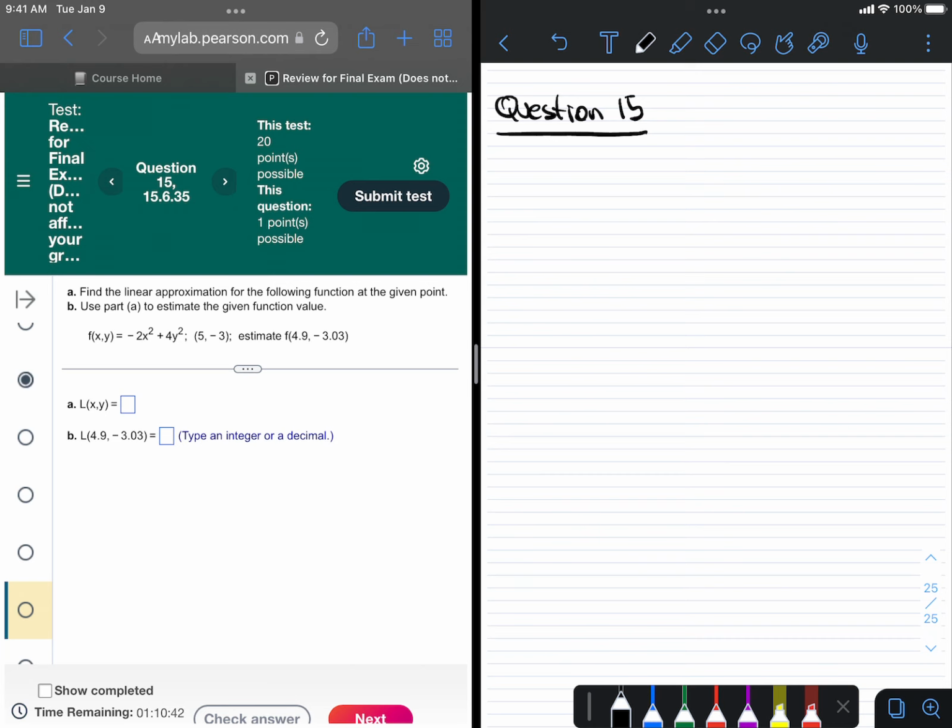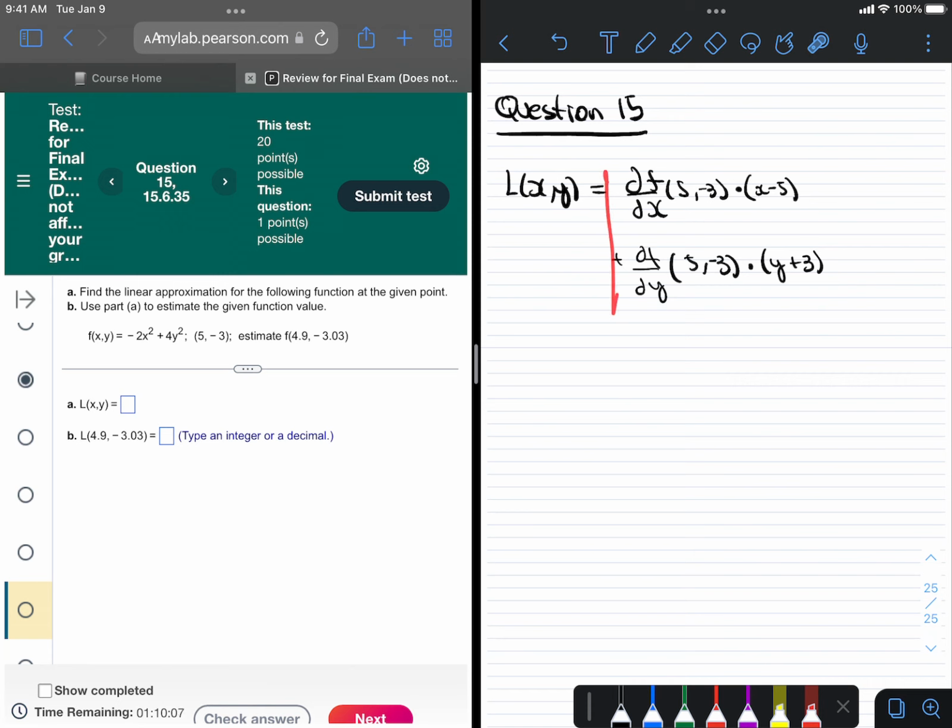Remember what the equation of the linear approximation is supposed to be. L of x and y is supposed to be df dx at that point, so specifically at 5, negative 3, times x minus 5, plus df dy at that same point times y minus 3.